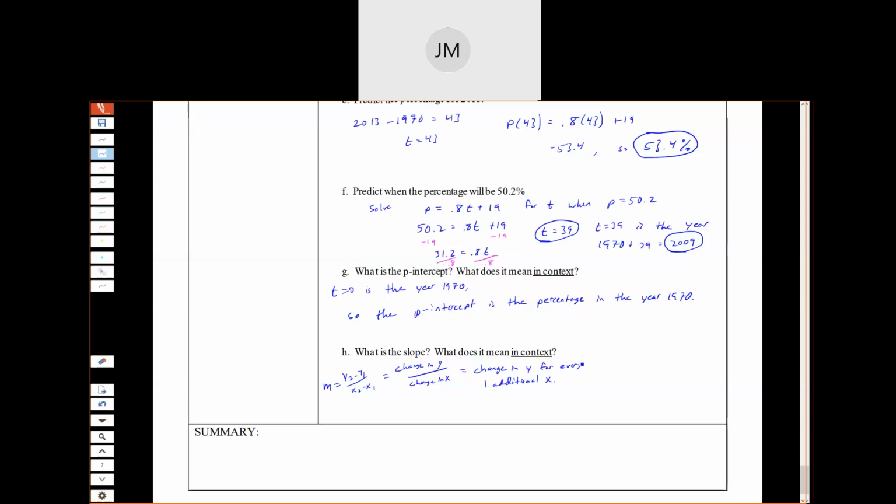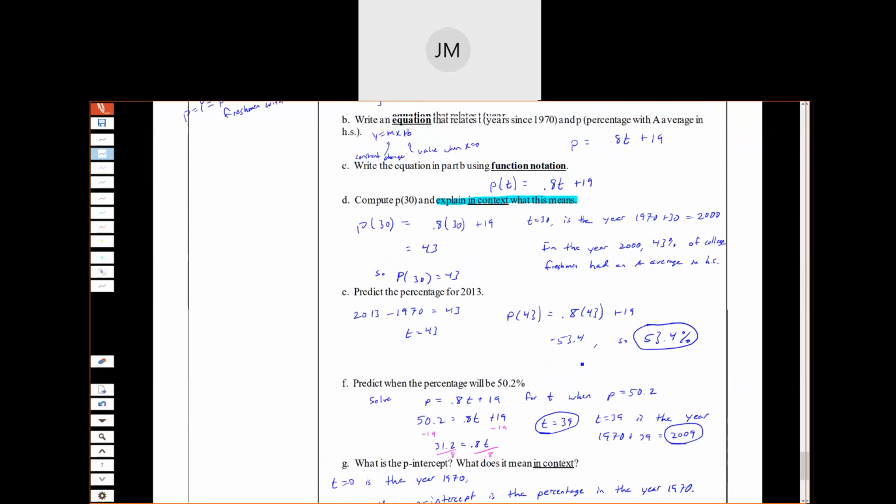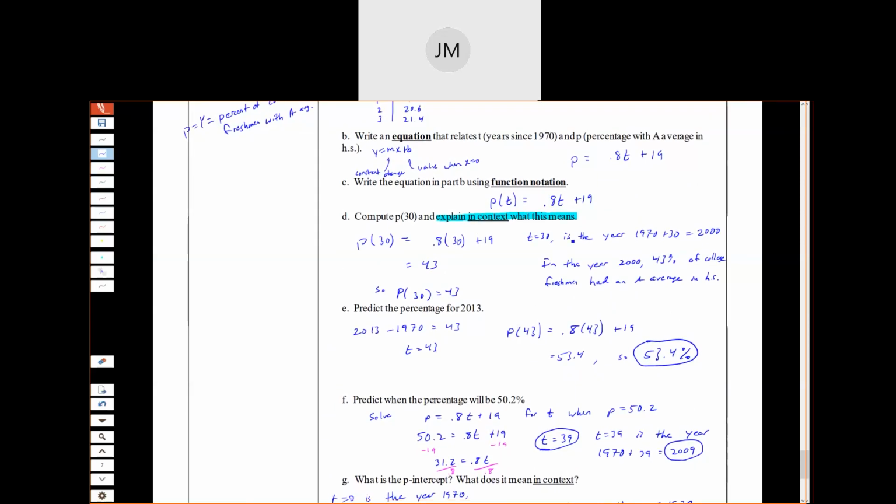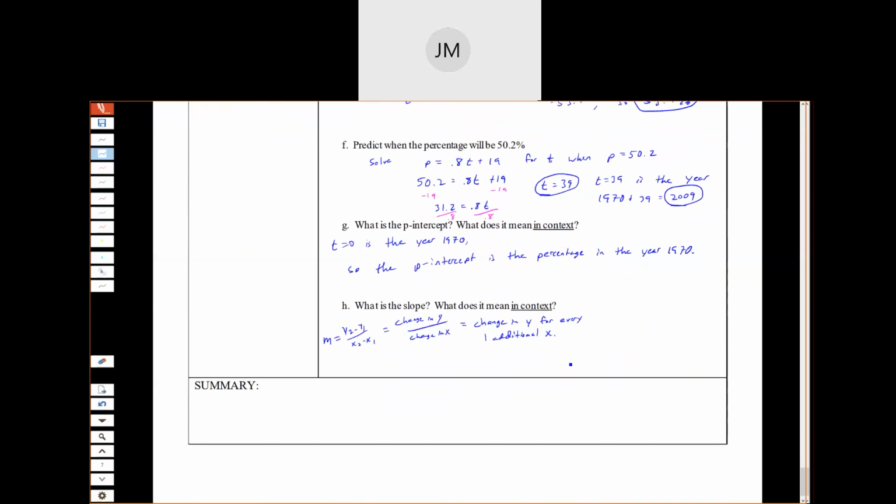Okay, so back here we said the slope was 0.8. We wrote down 0.8. So what that's telling me is that the percentage is going up by 0.8% every one additional year.